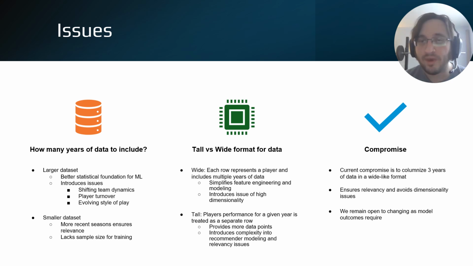The tall format will provide more data points, but introduces complexity in recommender modeling and relevancy issues when we put together our model. So the current compromise we decided was to columnize 3 years of data in a wide-like format. This ensures relevancy, avoids dimensionality issues, and we're going to remain open to changing it as we go on, see our new model outcomes, and see if we need to course correct to a different style.